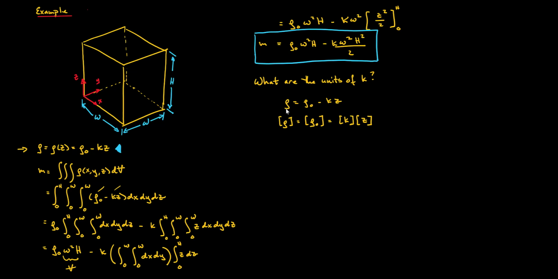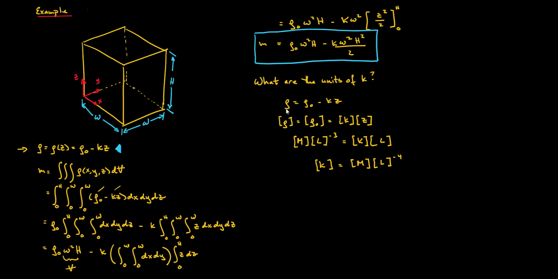So for a density, what we have is mass per unit volume, so that will be m L to the negative 3, and that must be equal to the dimensions of k, which are unknown so far, multiplied by the dimensions of z, which are just length. So solving for the dimensions of k, we find that they are equal to m L to the negative 4.